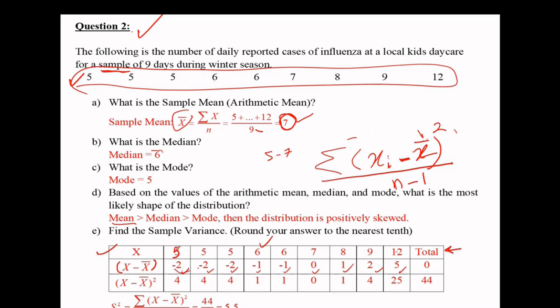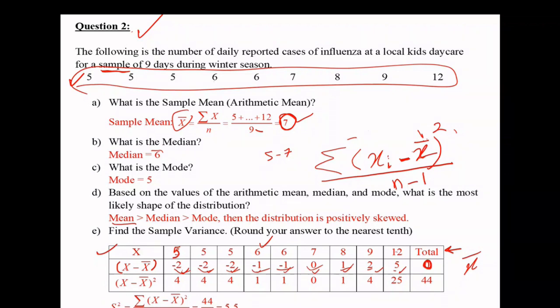If we add all these together, we will of course get 0. This is one of the properties of the mean: the sum of deviations from x bar equals 0.